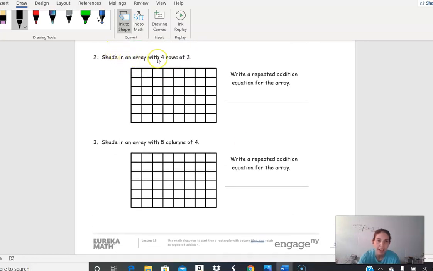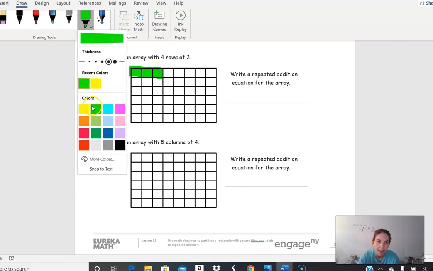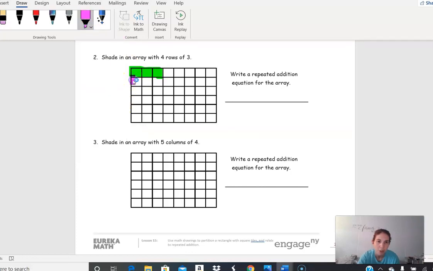Shade in an array with 4 rows of 3. 4 rows. I'm going to go back to this highlighter guy. So we're going to need 4 rows, and we need 3 in each row. So we have 1 row of 3. And then we have 2 rows of 3.